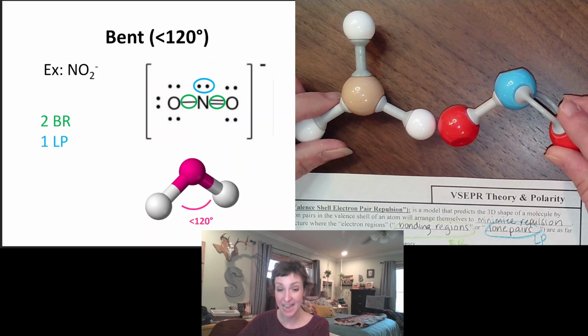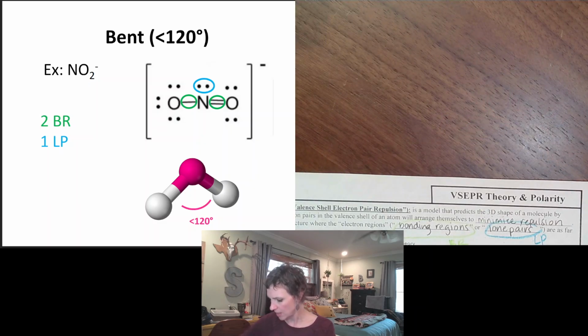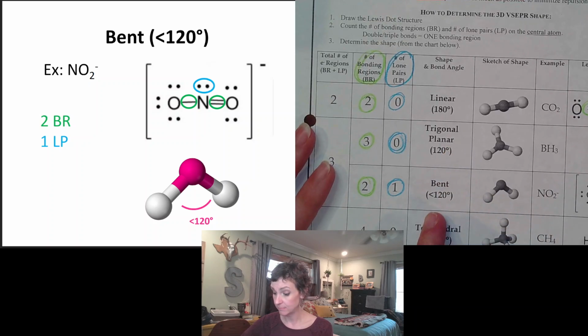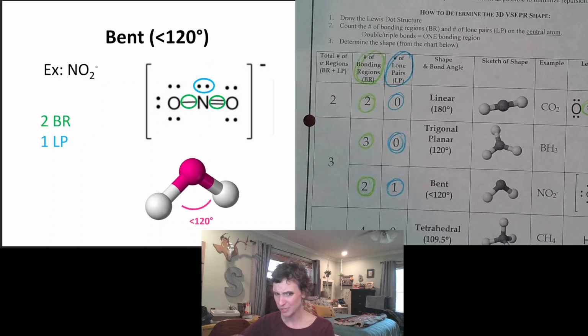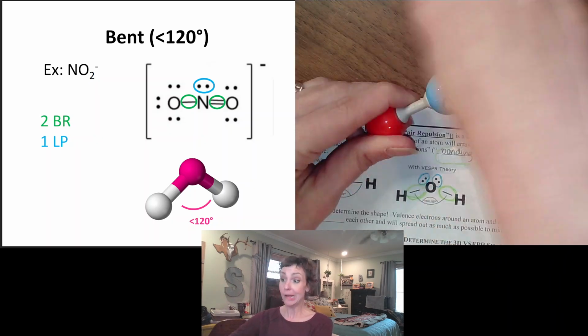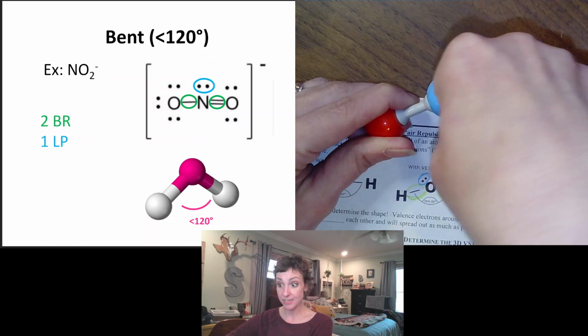Slightly, the bond angle does change. Whoa, let's see. So when I had three things, they were all 120 degrees apart. But here when I'm bent, now those bonds are even less than 120 degrees apart. That's weird. What this lets me know is that, you guys, that invisible electron pair is bigger.